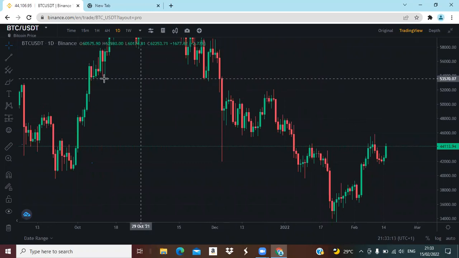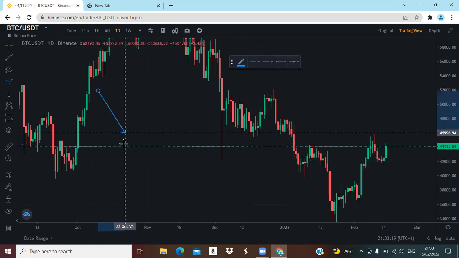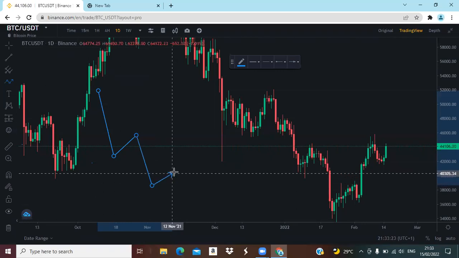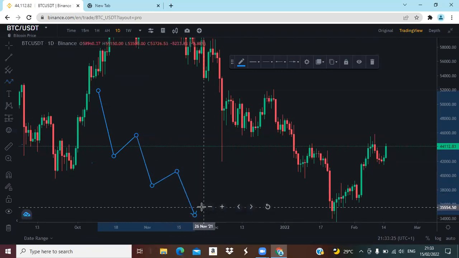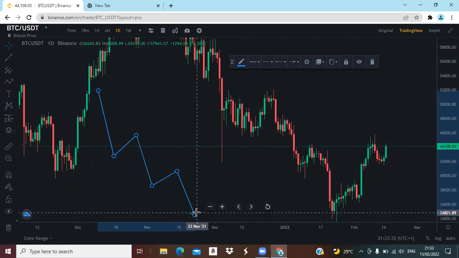If the market is coming down, and this is a supply level, market comes down.